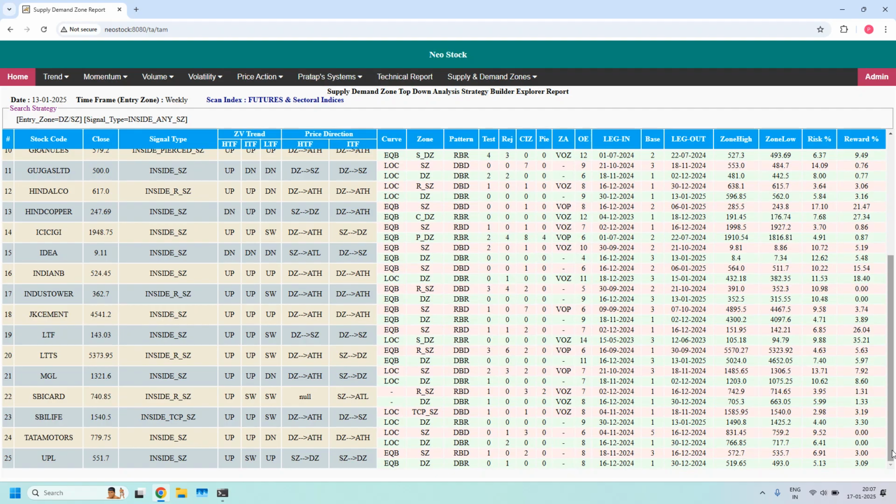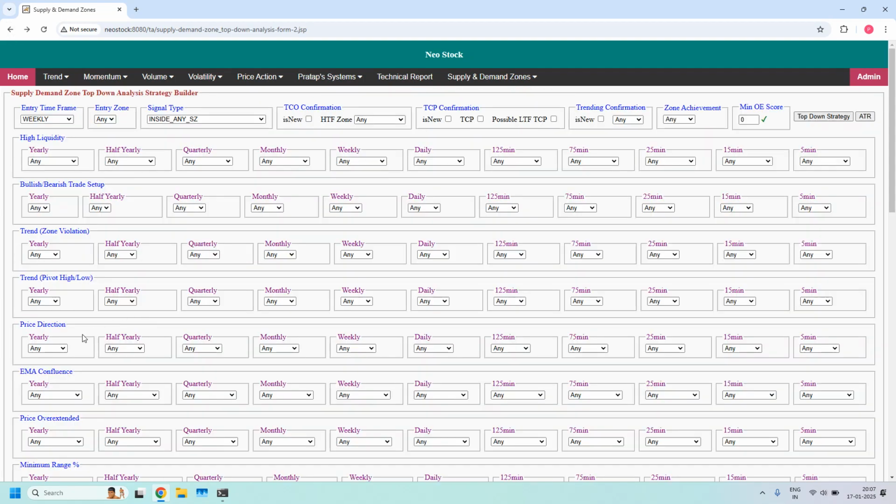We can further reduce this list by adding the high probability parameter, weekly EMA confluence, for weekly supply zones. So in the EMA confluence at weekly time frame, I am setting the filter: weekly supply zone having weekly EMA confluence, and the trend on weekly time frame should not be sideways. It can be up or down.